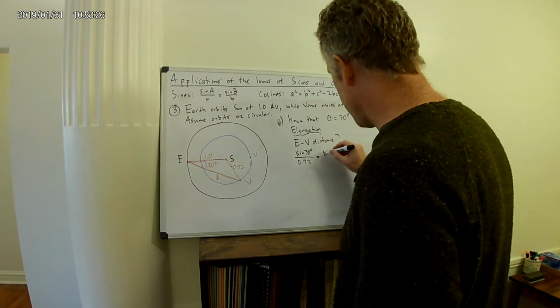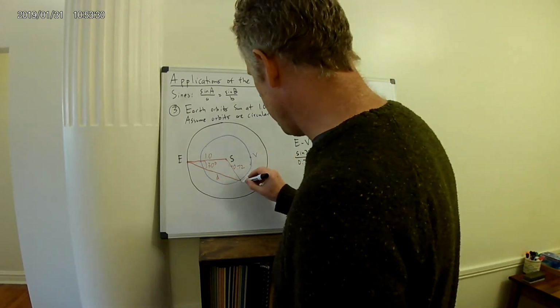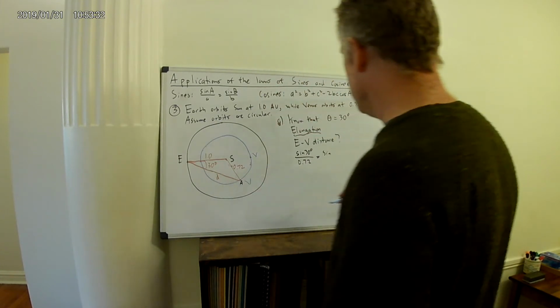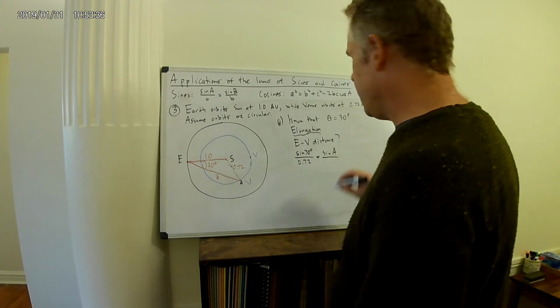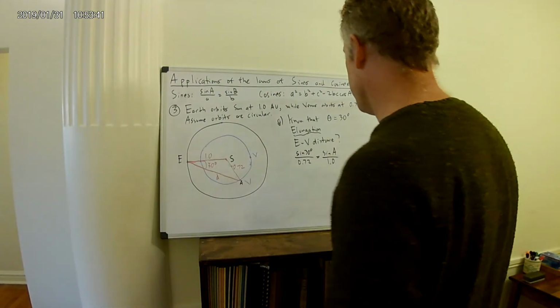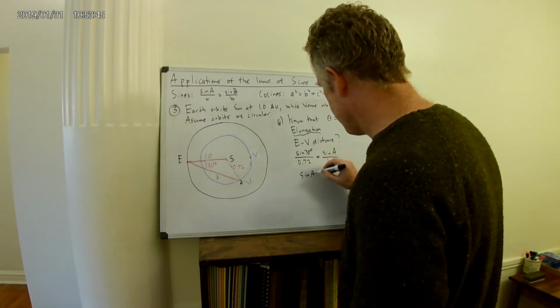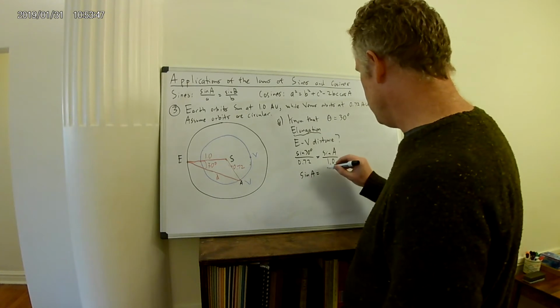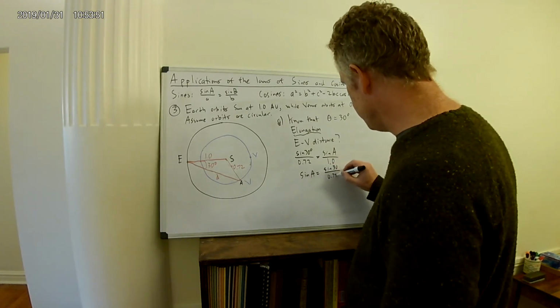This equals sine. Why don't we call this angle A? We'll call this angle A right here. So sine of angle A, okay, divided by the length of side A, which is 1.0. Okay, and now we can solve for sine of A. Sine of A is equal to sine of 30 degrees divided by 0.72.